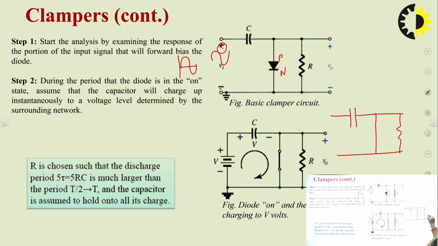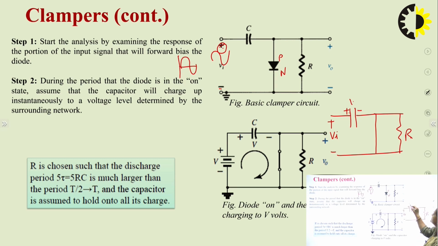This is our resistor and this is Vi. Here it is positive, here it is negative. So this capacitor will be charging up to positive potential. This plate of the capacitor will be positive because it is directly connected with this positive polarity, and this plate will be negative, and the diode will be short.